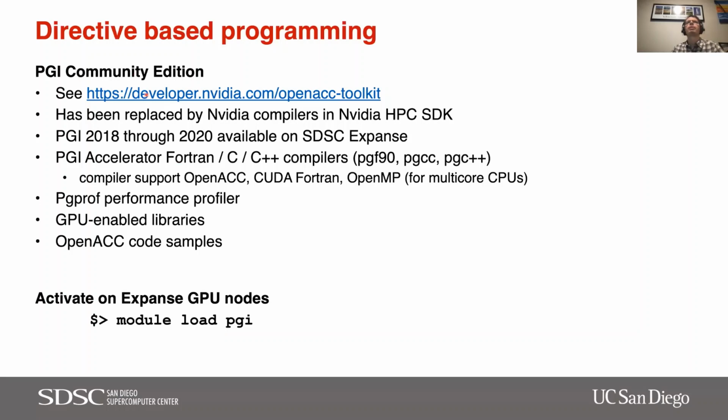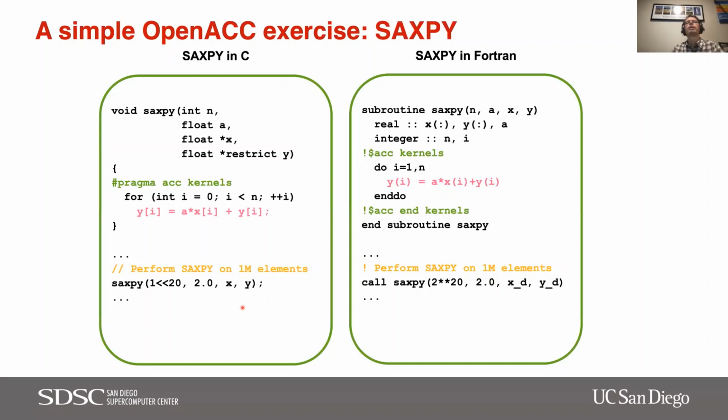So there's a PGI Community Edition available under this link here, but it's been replaced by the NVIDIA HPC SDK. So, you just get the NVIDIA HPC SDK. You can still load, though, we have the PGI modules on Expanse if you wanted to use those.